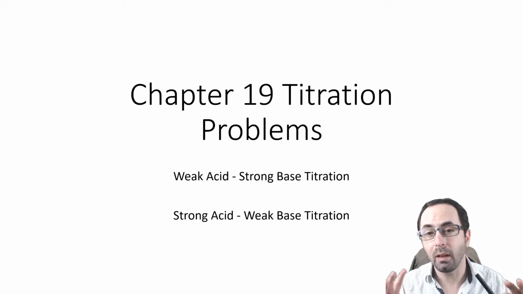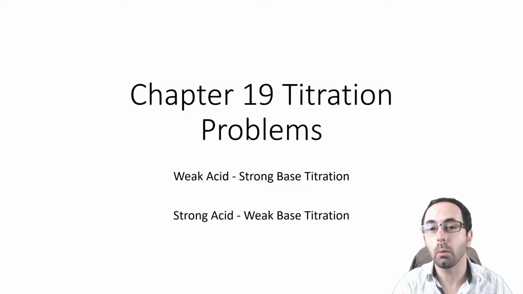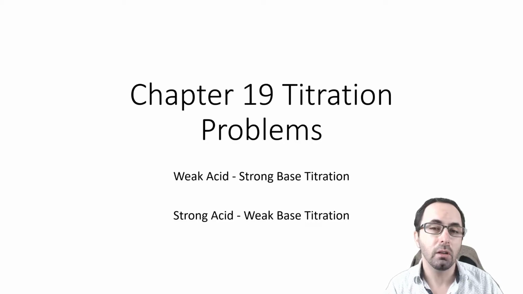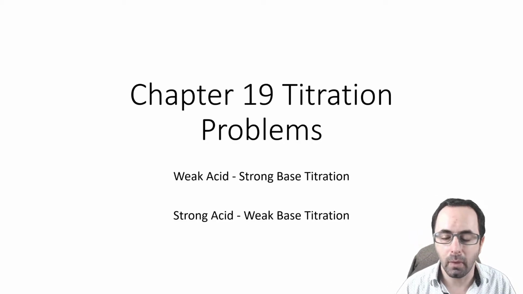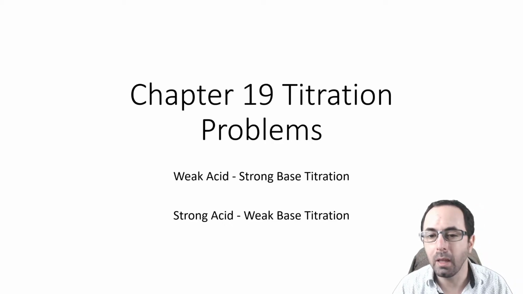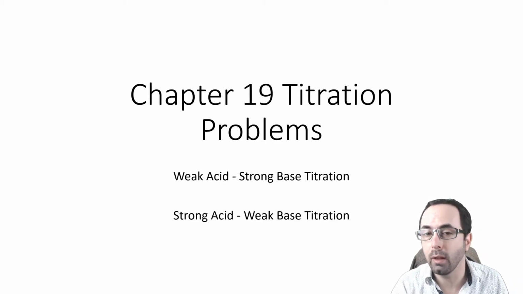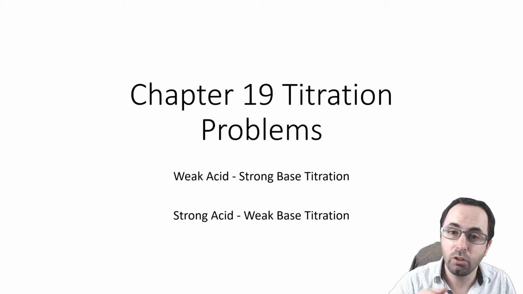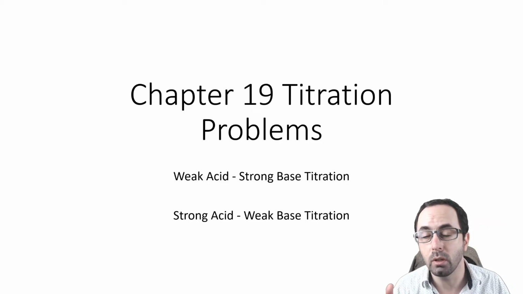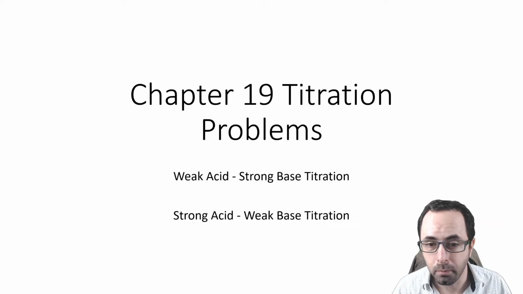That way, for the same titration, you can see how you would approach each different point in the titration. Usually when you get a problem, it will ask you what is the pH at a certain point of the titration. You identify what point it is, and then you use that information to set up the problem and perform it. But here what I'm going to show you is what you would do and how you would approach each of these different situations.